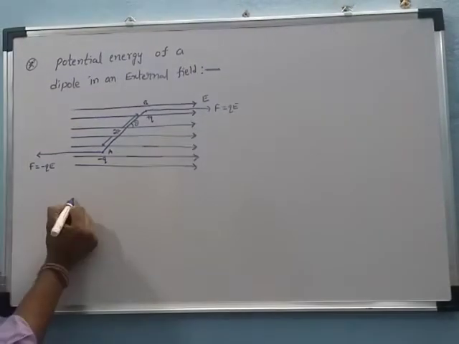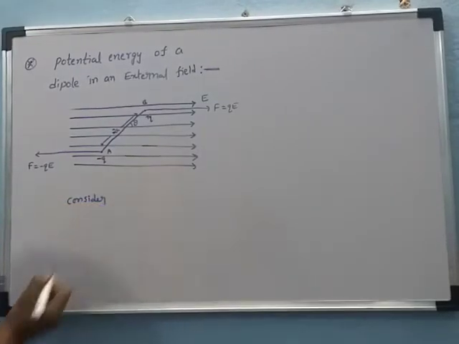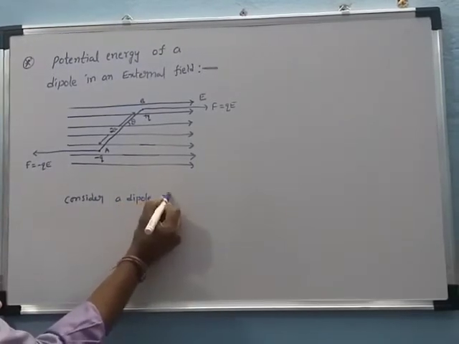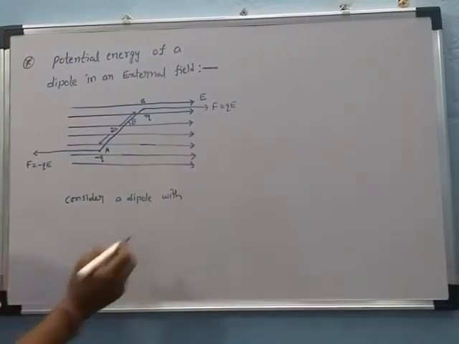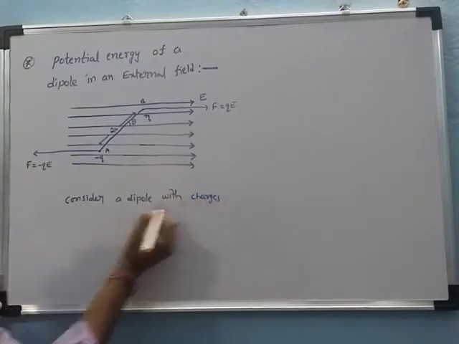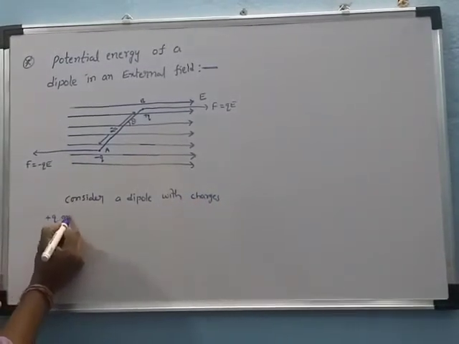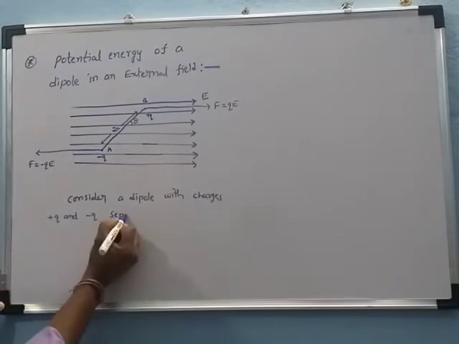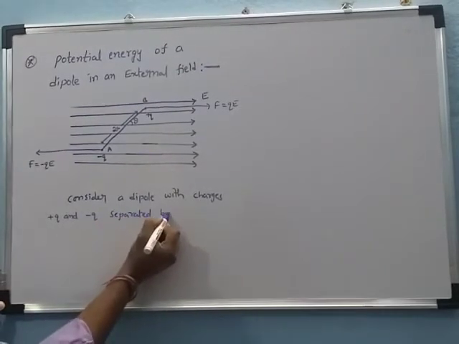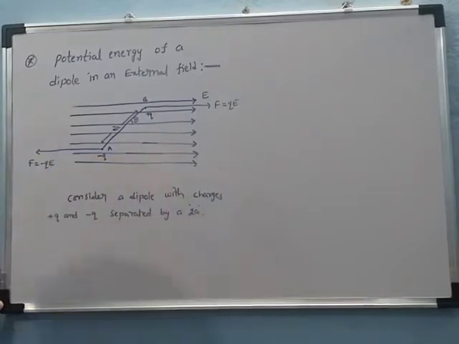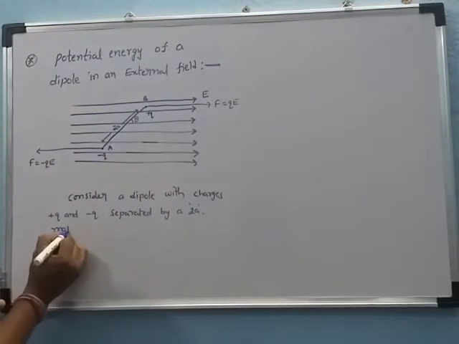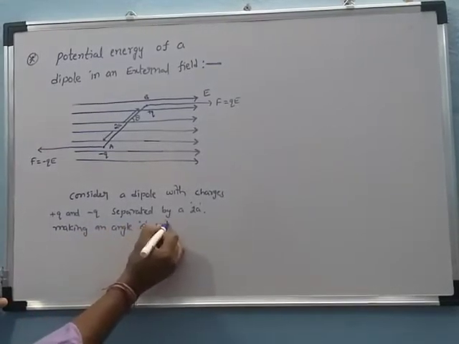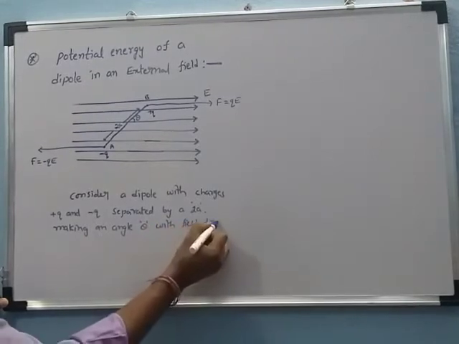Now, consider a dipole with positive and negative charges separated by 2a, making an angle theta with the field direction.